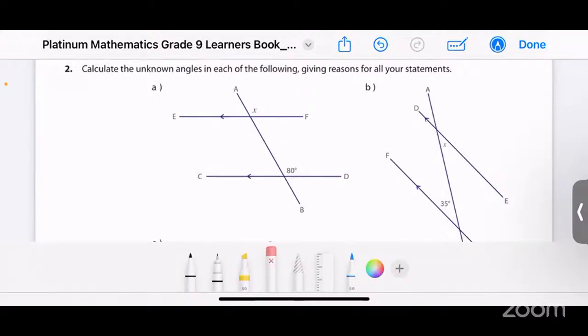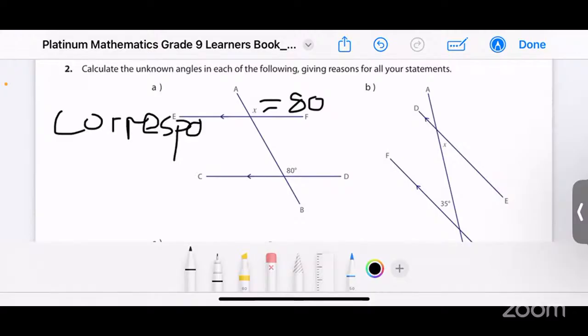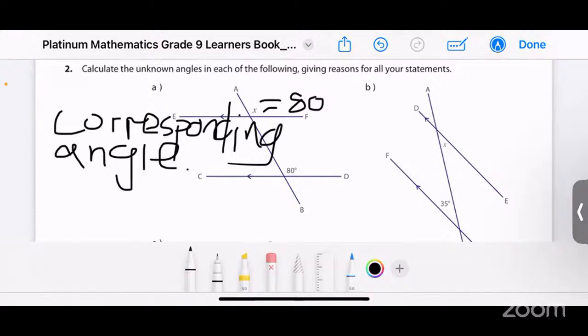The reason? Corresponding. These are corresponding angles. That's the reason. So now you see that reasons are not difficult, ne? Corresponding angle.